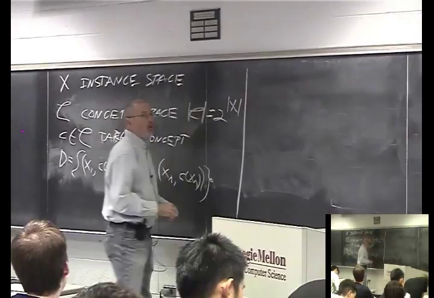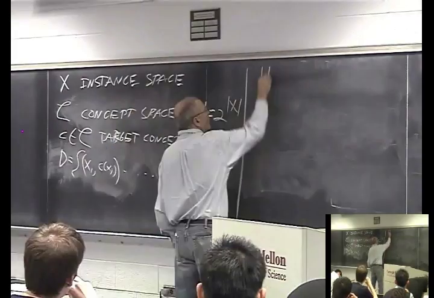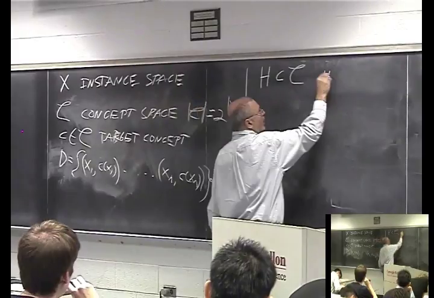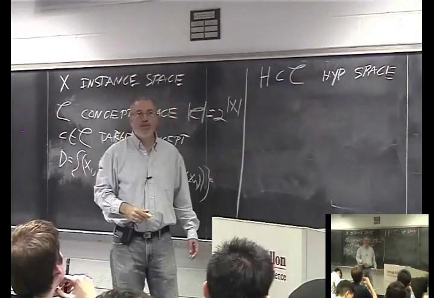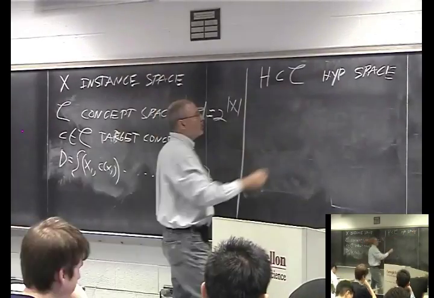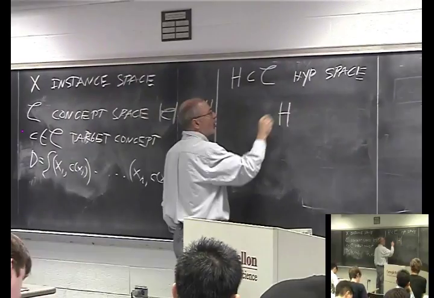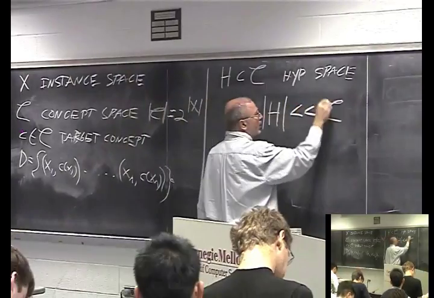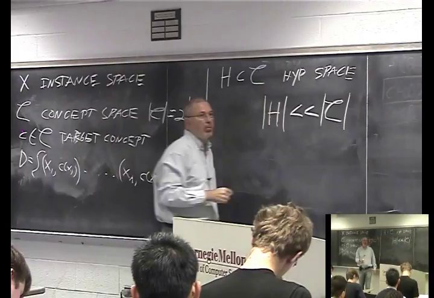And then what we add to it is we created a hypothesis space, which we called H, which is a subset of curly C. And we know usually that H is much smaller in size than big C. Much smaller, and we do that on purpose.